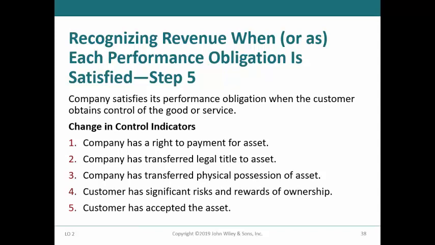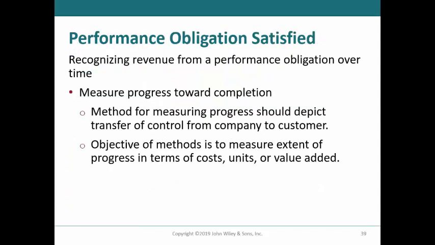Some indications are that the company has a right to demand payment or has transferred legal title or possession of the asset. Other indications are that the customer has significant risk and rewards of ownership or has accepted the asset. In each case, transfer of control is determined by the facts and circumstances of each contract and its terms.